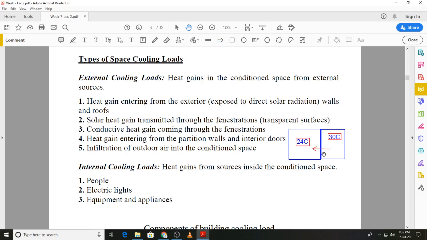So there can be a door in this wall as well, there can even be a window in this partition. So accordingly we can work out the rate of heat transfer through that partition. The partition can also be a basement.